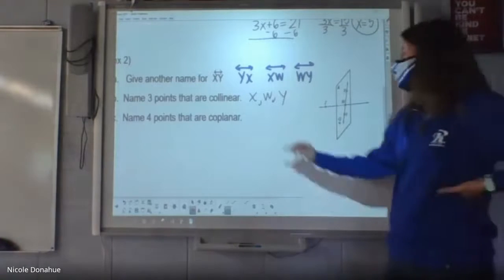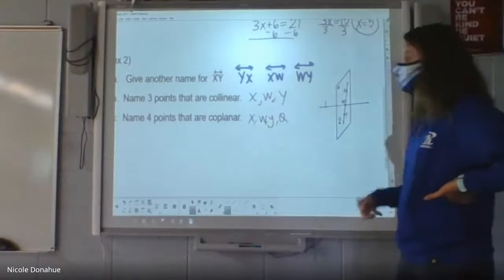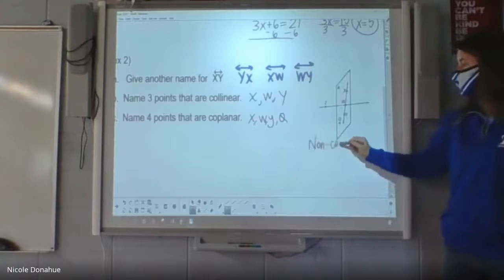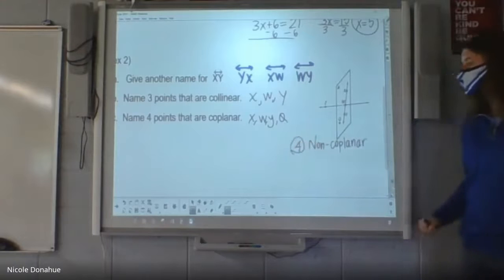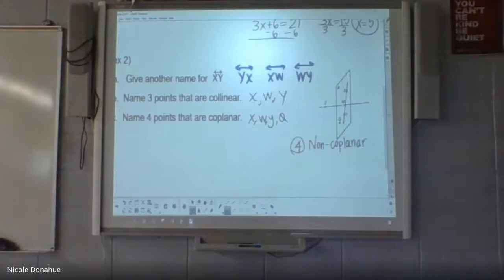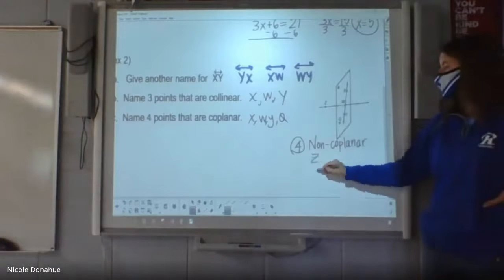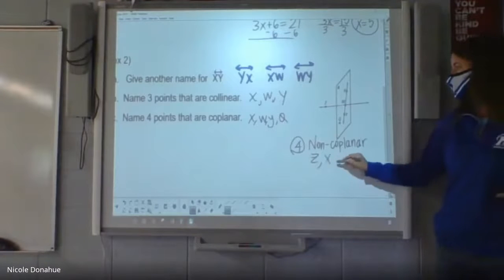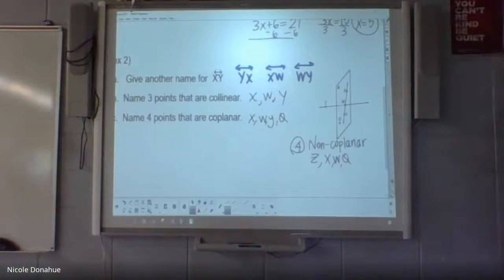Q. So X, W, Y, and also Q. Now, if I said 4 non-coplanar points, all I have to include is 1 point that's not coplanar with the rest of these. So Z, as soon as I include Z, that already is going to make this group non-coplanar. X, W, Q, any of those. The minute you put Z in that group, it automatically makes that group not coplanar.